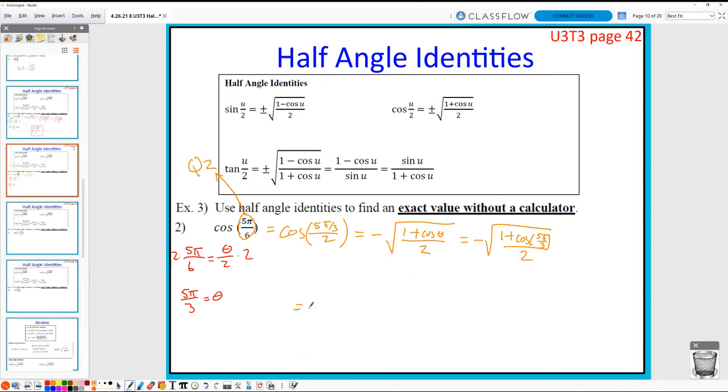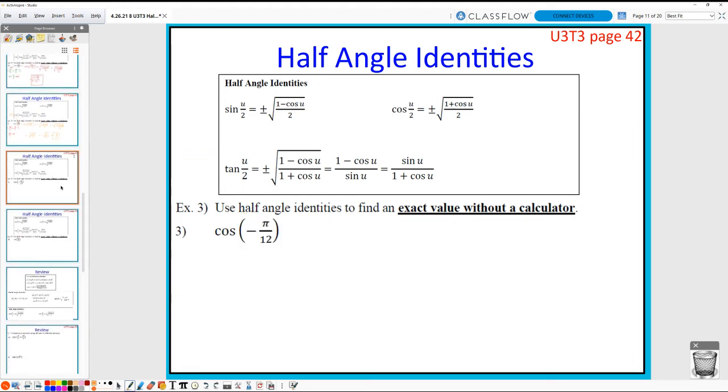So that's equal to negative square root of 1 plus 1 half, and that's equal to negative square root of 3 halves over 2, which is the same thing as negative root 3 over 2. Which you know this is true. You know that cosine of 5 pi over 6 is negative root 3 over 2, so that does work out.